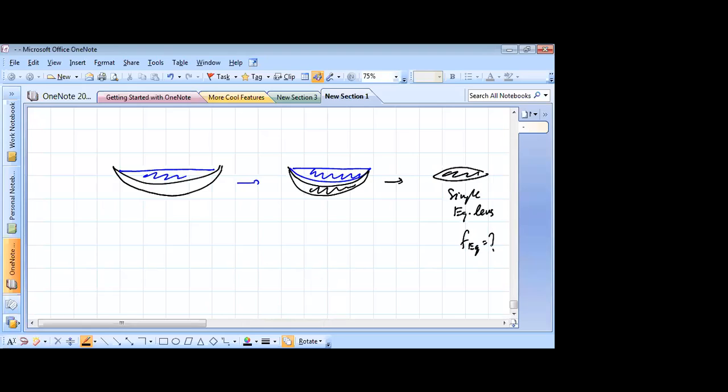Okay, let me verify that. Okay, so this is the concave convex glass lens with water layer.